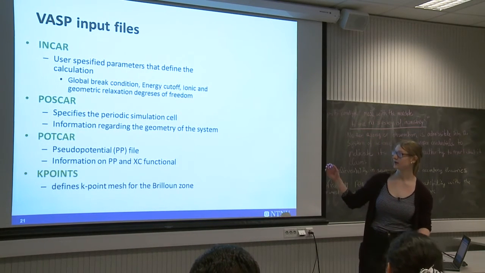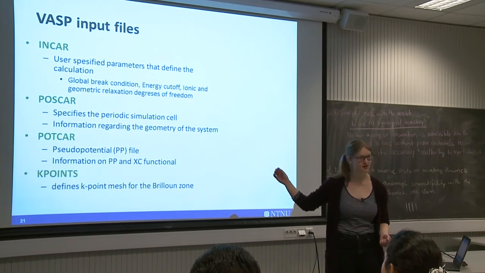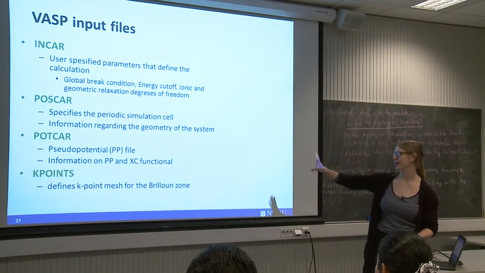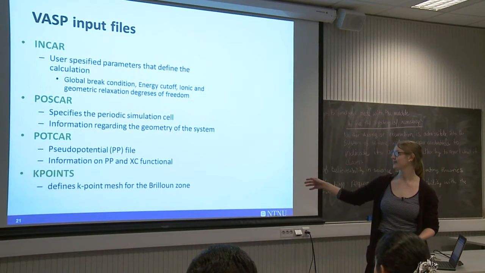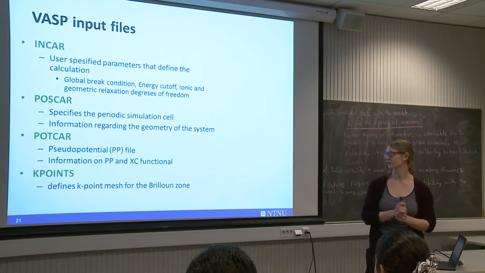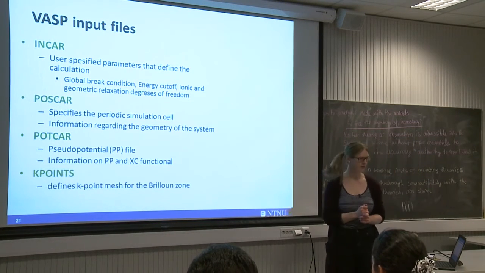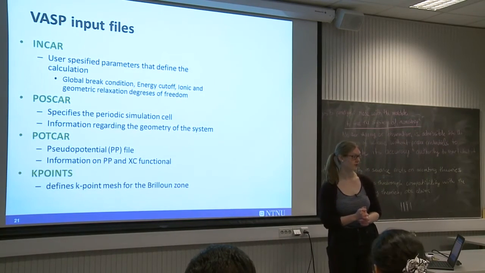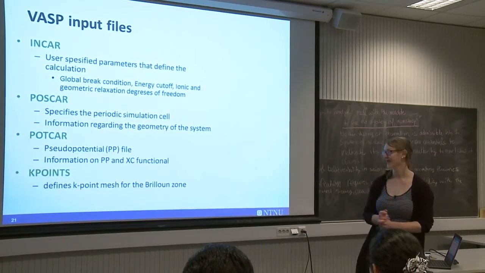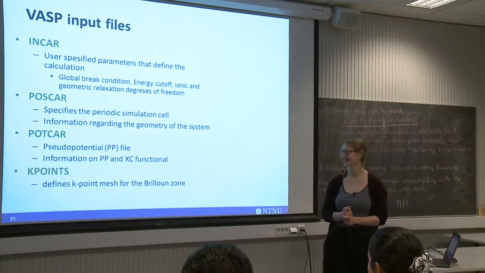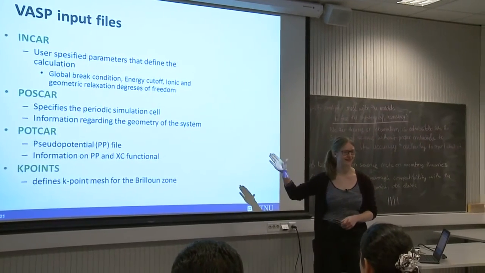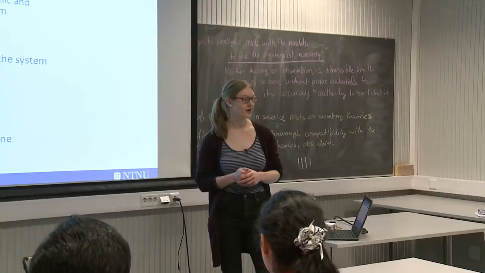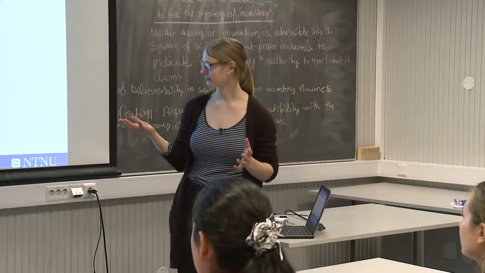And then you have the POSCAR, so that's the position car. It's where you define your periodic simulation cell, and it contains basically information regarding the geometry of the system. And then you have your POTCAR, or the potential car, and this includes the pseudopotentials. This is something that is provided by VASP, so it's a big library.